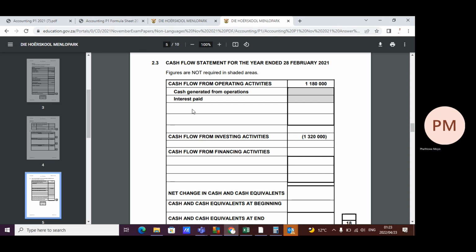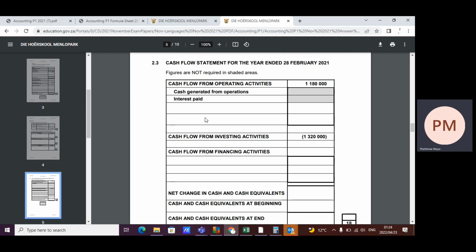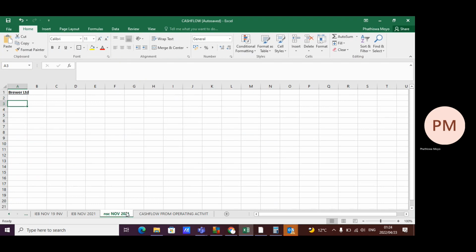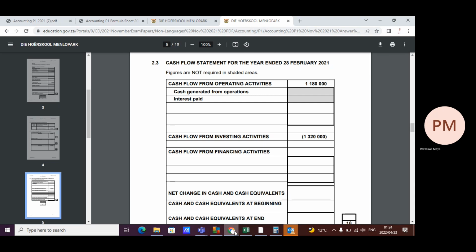So we have to fill in the lines: your dividends paid and your tax paid. They expect you to know that. And they've given you the total there.